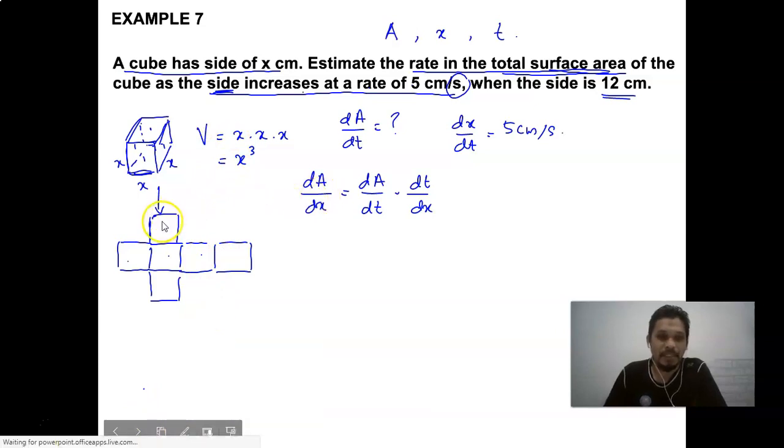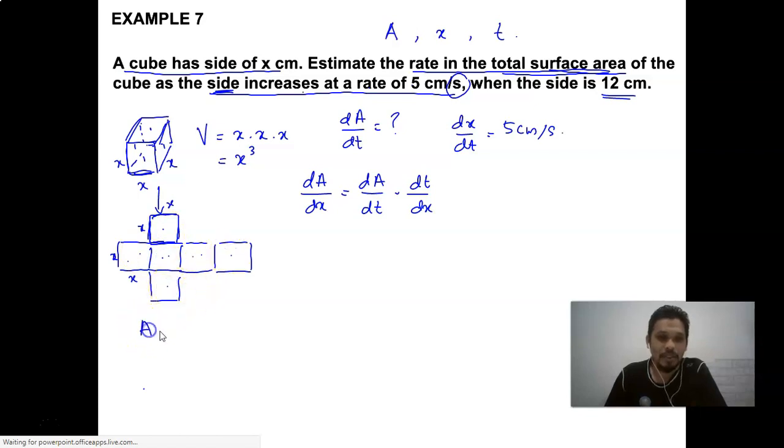But then, okay class, the surface area of this one, recall this here with x and also x and x. Okay, so how many surfaces do we have? 1, 2, 3, 4, 5, and 6.